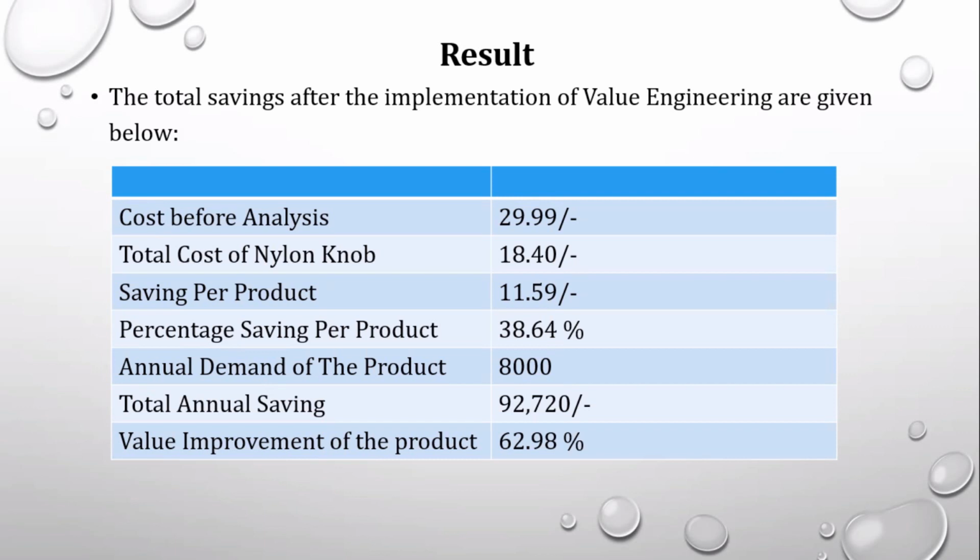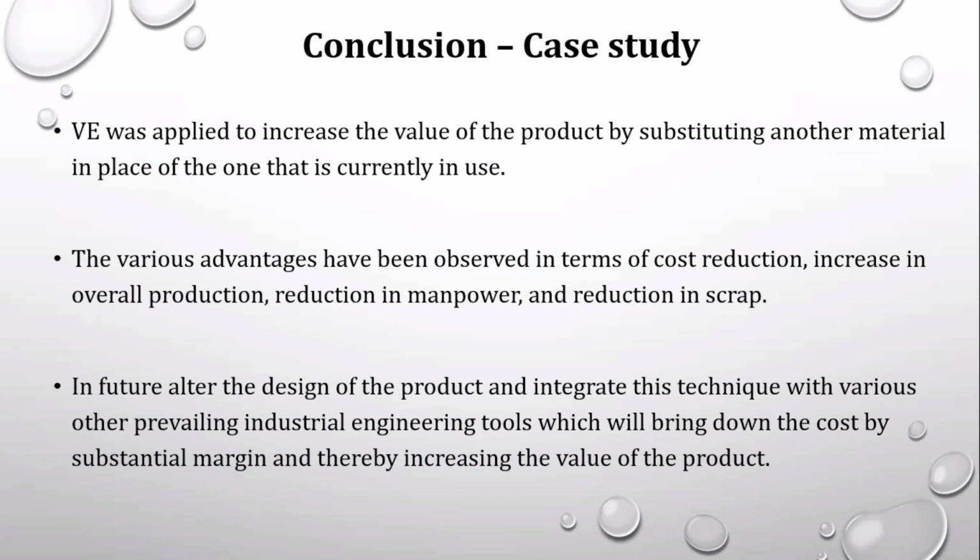Right. So this is a simple example for you to understand how value engineering works. Okay. So it was applied to increase the value of the product by substituting another material in place of the one that is currently in use. Various advantages have been observed in terms of cost reduction, increase in overall production, reduction in manpower, and reduction in scrap.